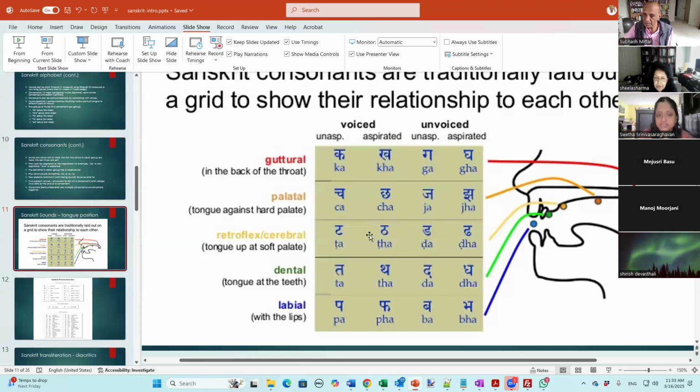Then you move a little bit further up, and this is called cerebral. Ta, ta, da, da. Your tongue has to touch a little bit ahead on the palate, a little further up, just a little behind the teeth. That's the position of the tongue for ta, ta, da, da.